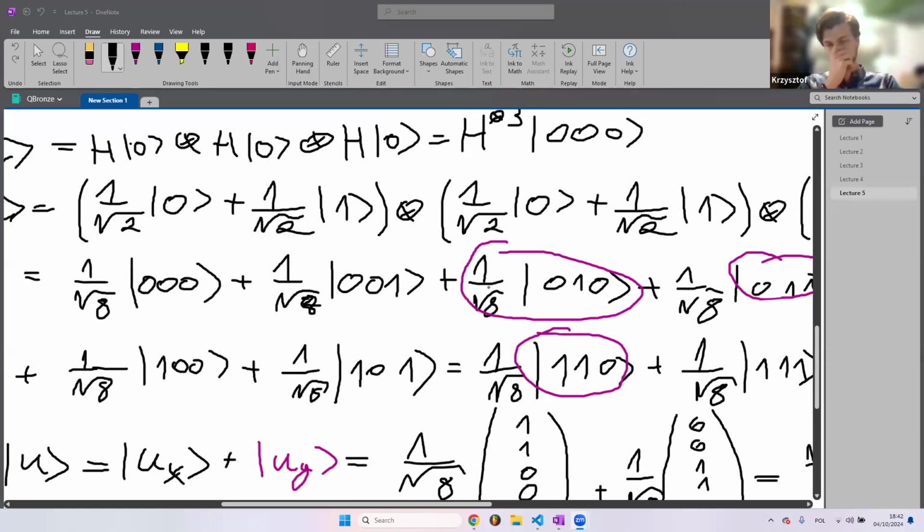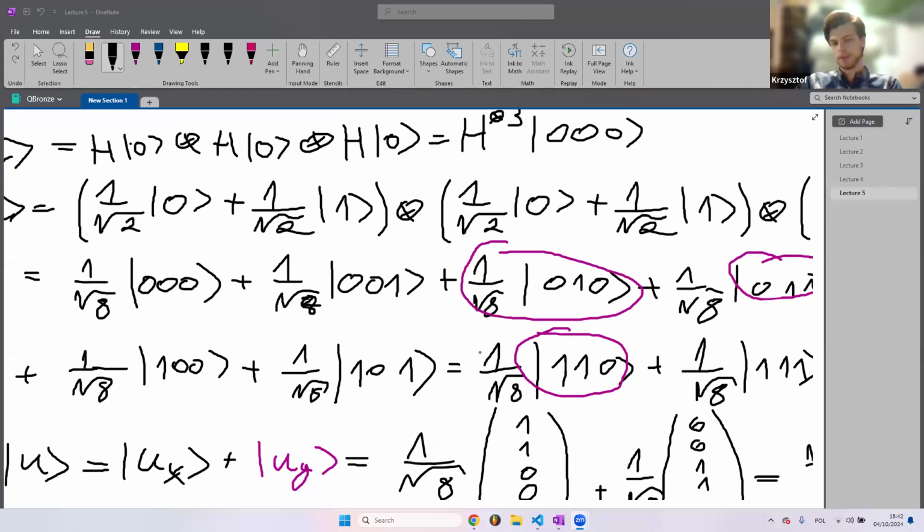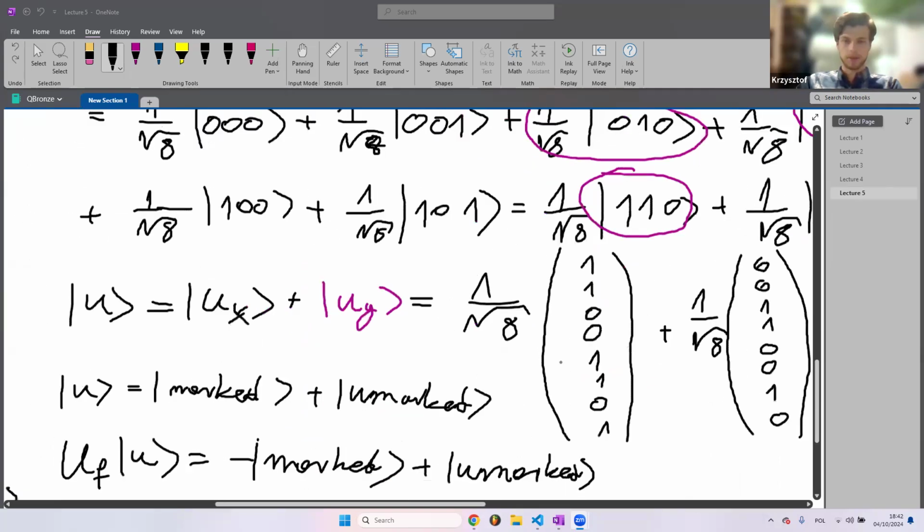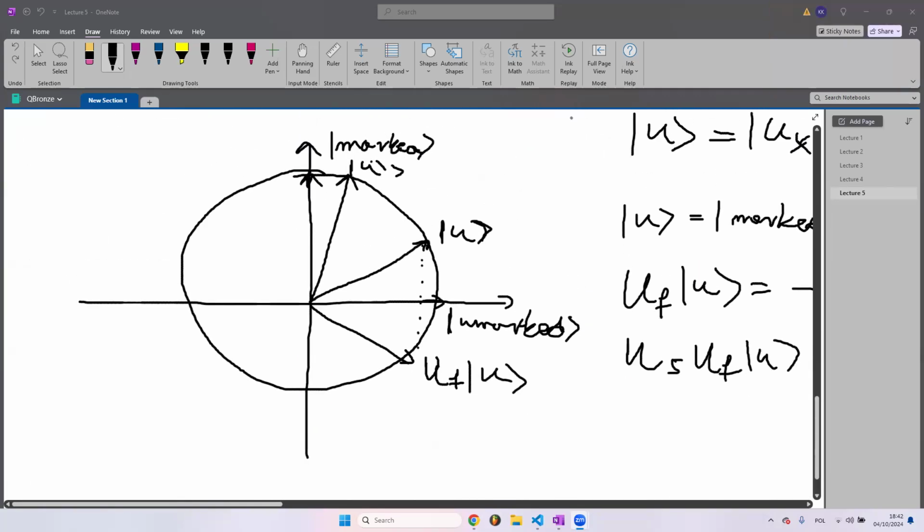I really wanted to do that because then I could mark in purple the elements that are actually marked and not marked, so you can better see visually where the ones in this vector come from.